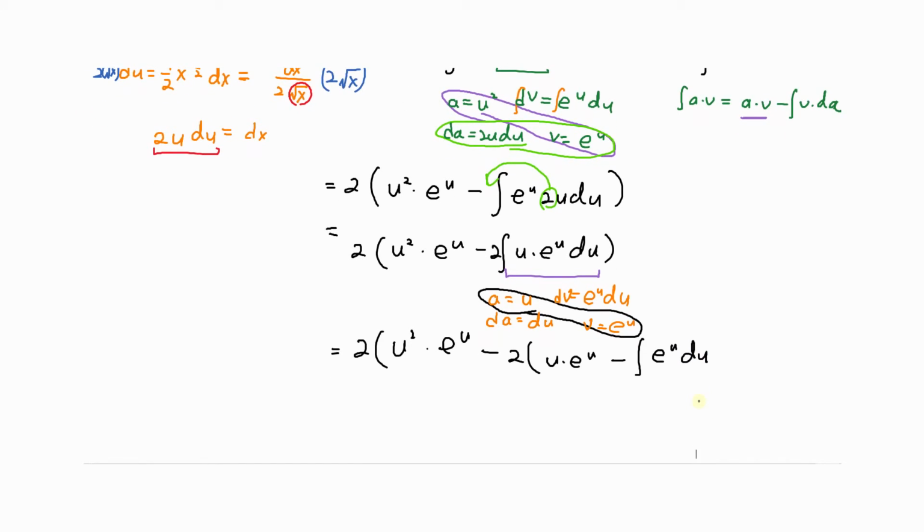Notice that we have 2 parentheses, one being nested like that. So at the end, we have to be careful with the coefficient. Always start from the inner one. We know that the integral of e to the u is e to the u in antiderivative form. Therefore, I can write u times e to the u minus e to the u, like that. I think I have an extra parenthesis. There you go.